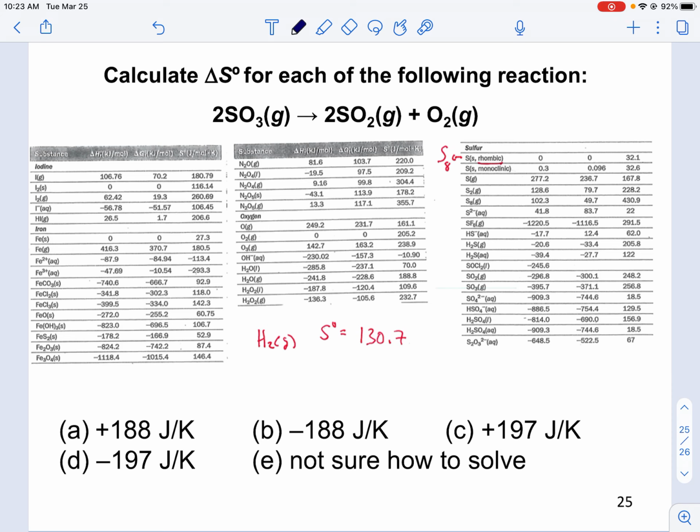We'll post the answer. But you should come back, and your answer here should be, we said it would be what sign? You should get 188. But is it positive or negative? We're going to go with positive because you're increasing the moles of gas.